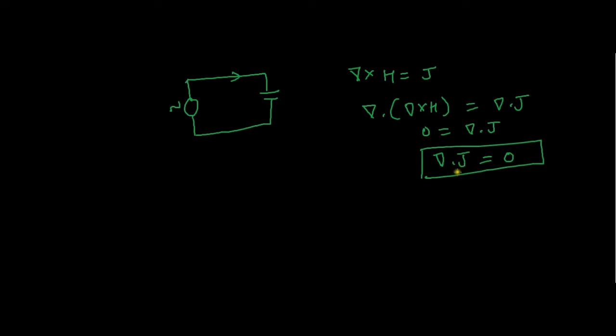In any circuit, the current which flows into a region is exactly the same as what flows out of the region. That is, if we have a circuit, say we have a sine voltage here and a resistor, the divergence at this point is 0 according to Ampere's law. That is, the current which flows into this region is the same as the current which flows out of this region.